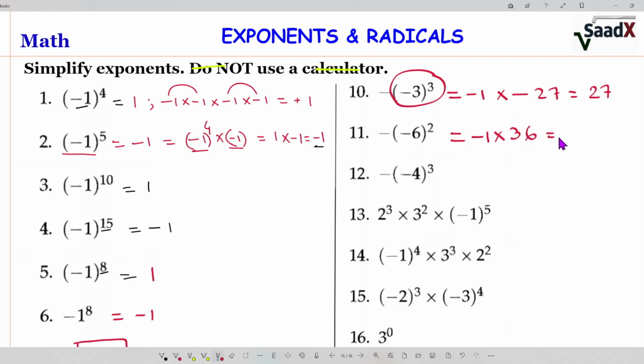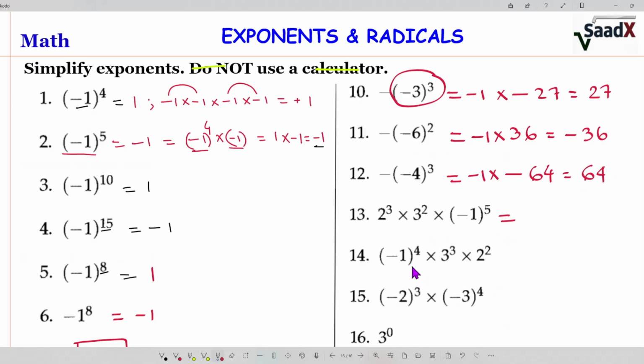So our answer is minus 36. Next, minus means minus 1. The power is odd, so it will be minus. 4 cube means 64. So minus 1 times minus 64 will be plus 64.